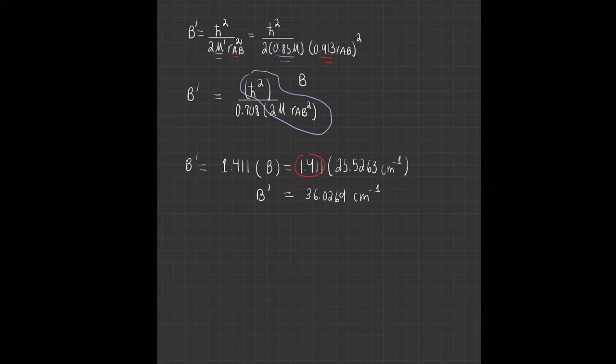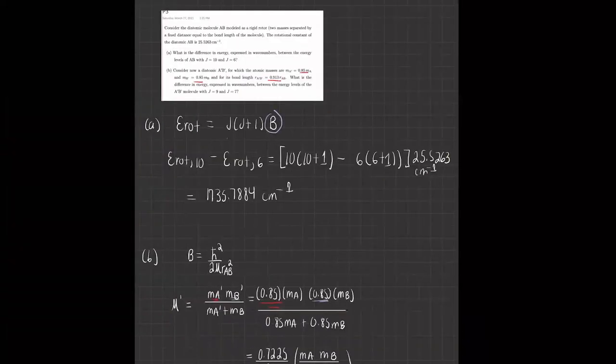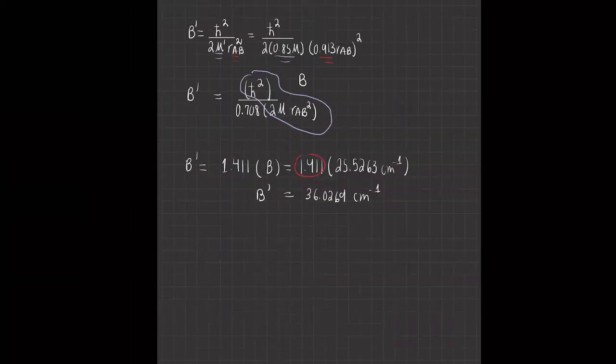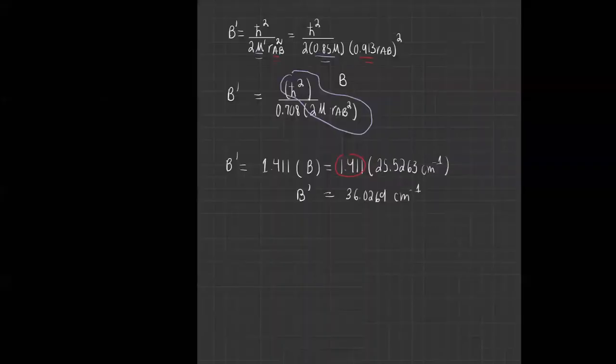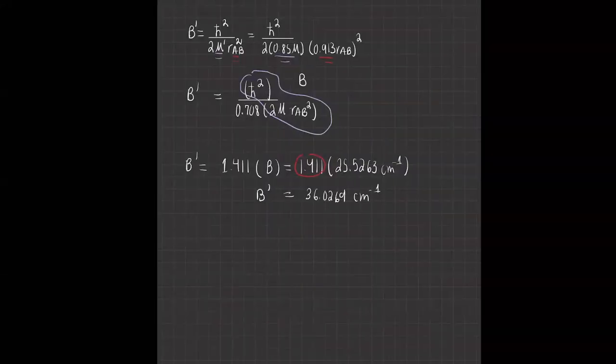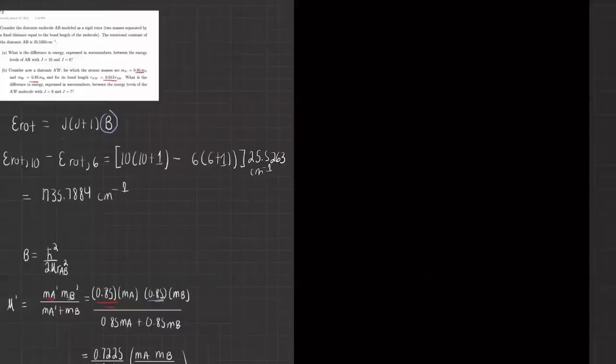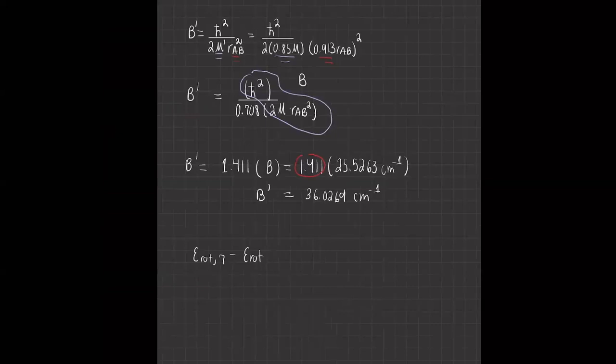Okay, so then it's asked to calculate, using this new rotational constant, the new energy difference between J equals 9 and 7. So this will be E rotational 9 minus E rotational 7.